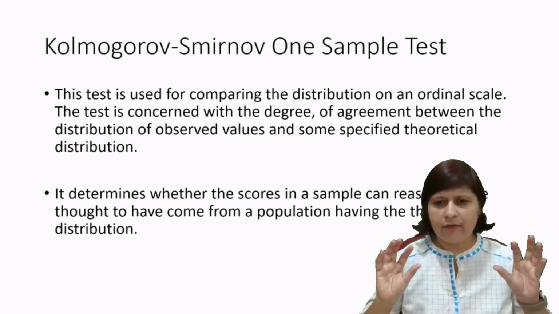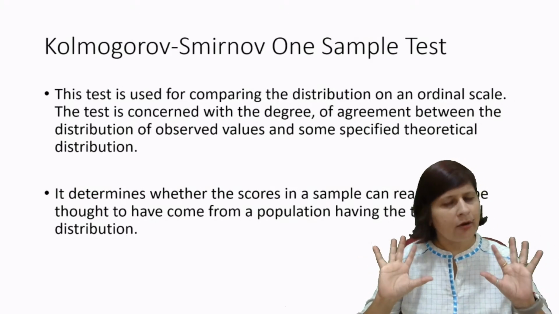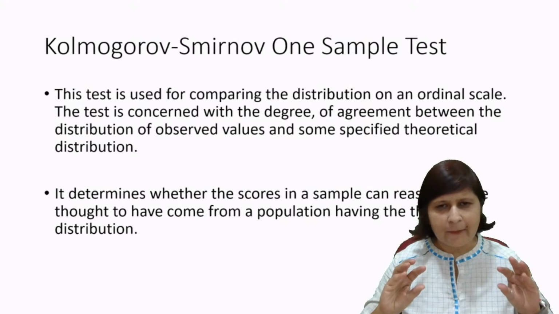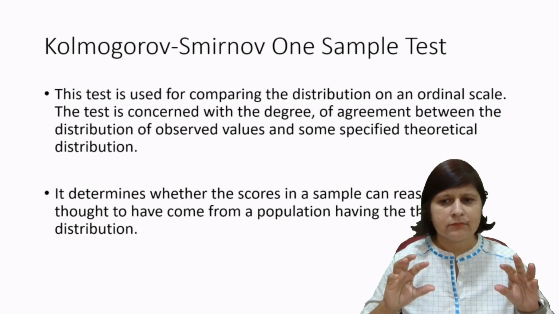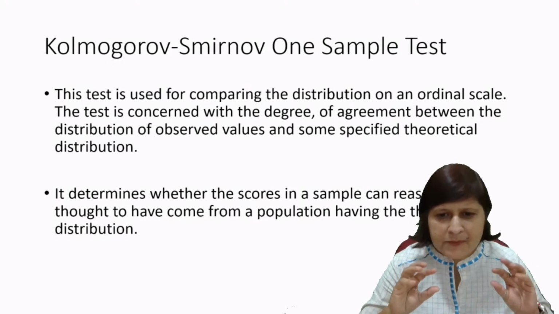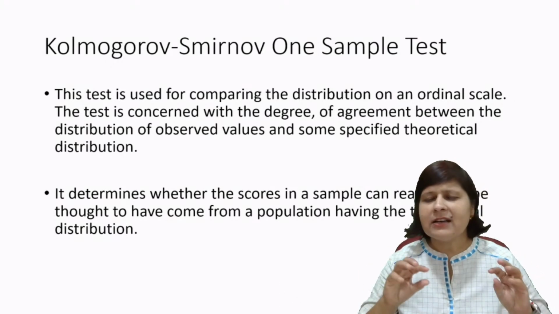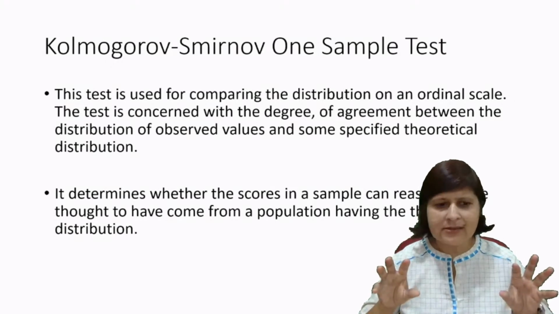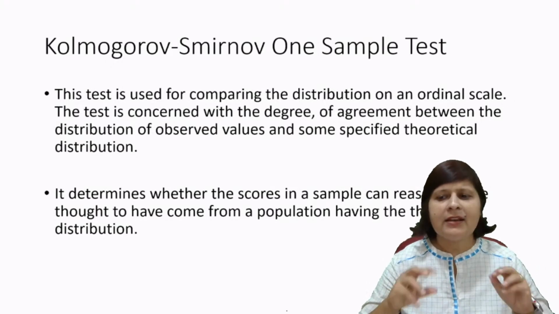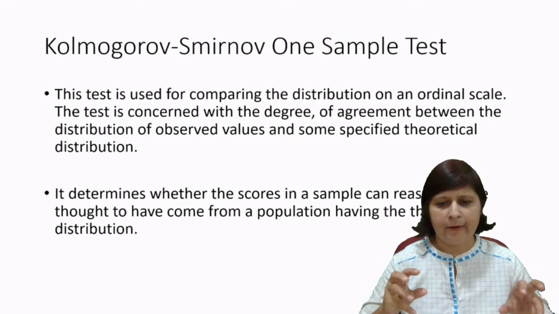See, there is a given specified theoretical distribution, and when you compare the observed value with that specified theoretical distribution, then only you can analyze whether there is a significant difference or not.